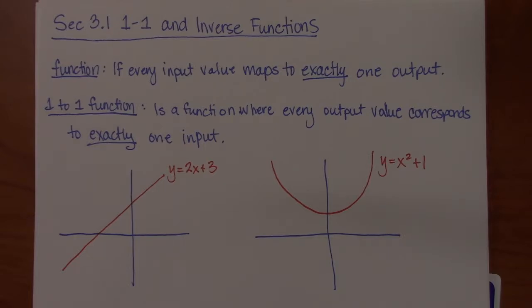All right, so both of these are functions. They pass the vertical line test. You can see that if you draw a vertical line and slide it back and forth, it's only going to cross it 1 time. But only one of these functions is one-to-one.